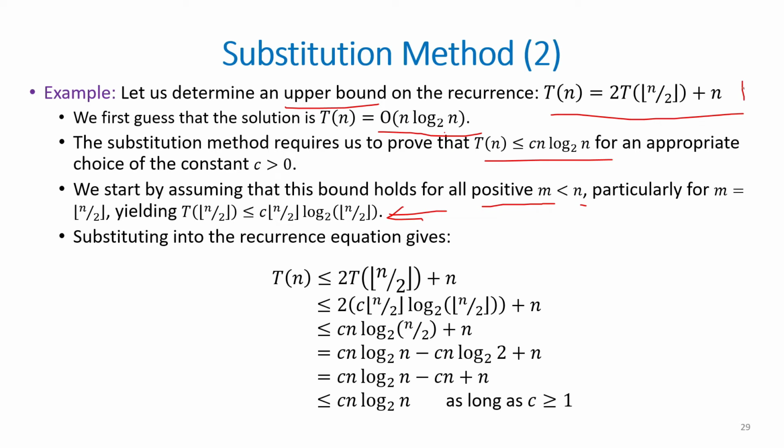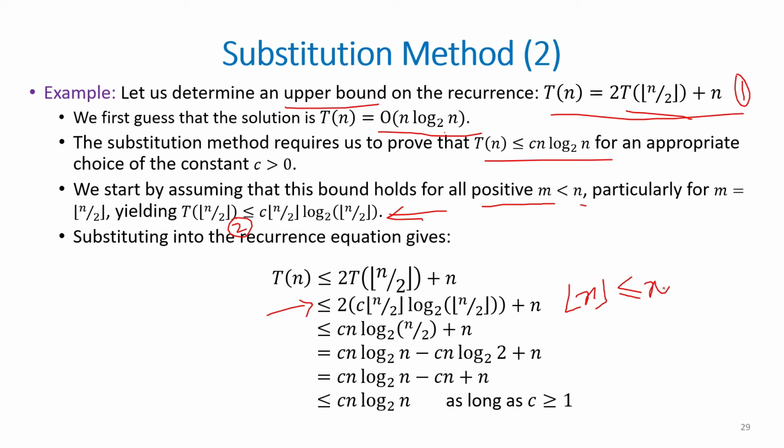If we number this equation as equation 1 and this equation as equation 2, and substitute equation 2 in equation 1 for T(n/2), we would get this. To further simplify our analysis, we know that the relationship floor of x is always less than or equal to x.